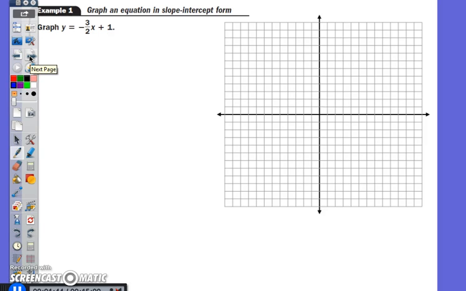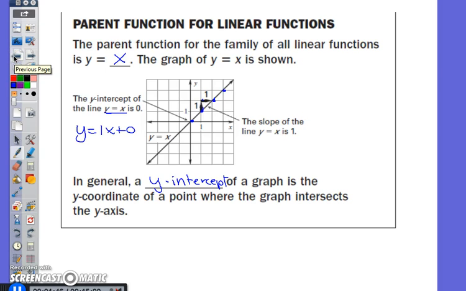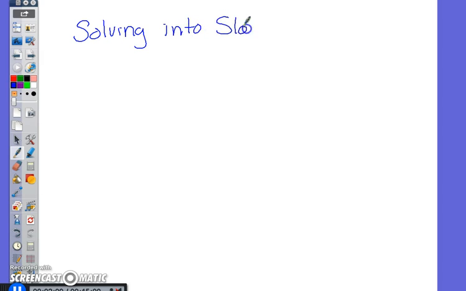Then I want you to know a few things. Let me go back. I'm going to insert a page. You might have to add a few things here. If you were solving into slope-intercept form, there's a couple things you need to do.